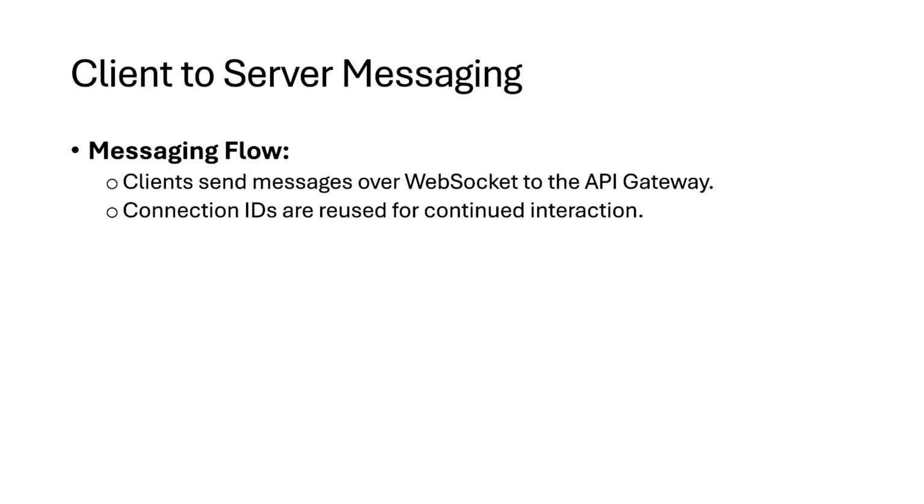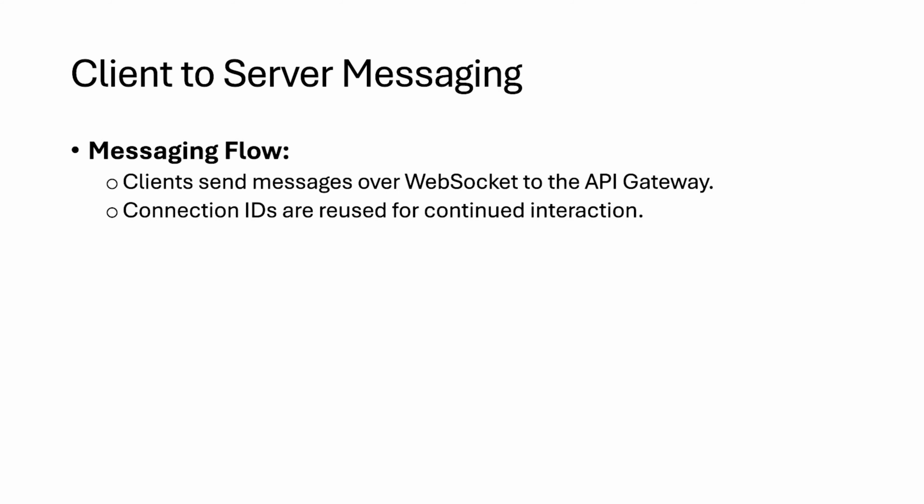For example, if you open your chat application, the persistent connection goes to the API Gateway, that WebSocket API, which creates a connection ID, and that connection ID is persisted in another AWS service like DynamoDB. We will use the same connection ID throughout, so both the server and the client know exactly where the message is going.